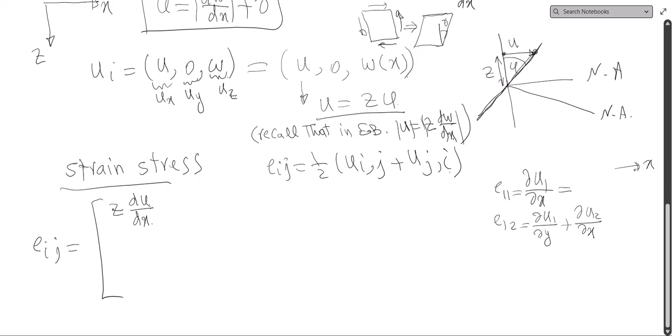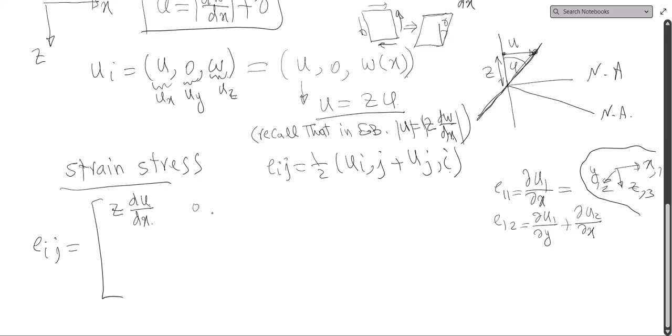We had x, z, and y. So this is 1, this is 2, this is 3. Okay, so du1 dy is 0 because u is not a function of y. And u2 is 0, so this is 0.